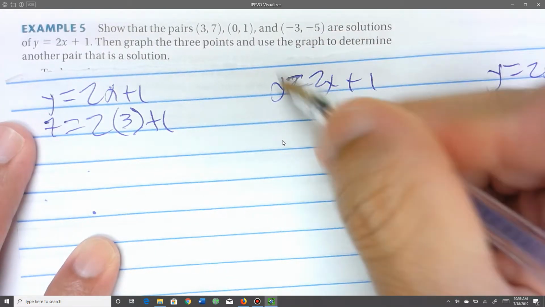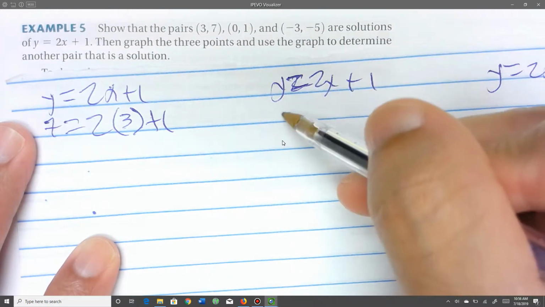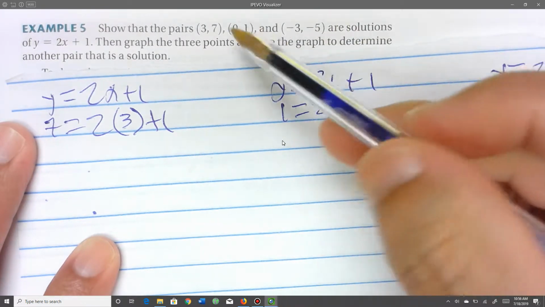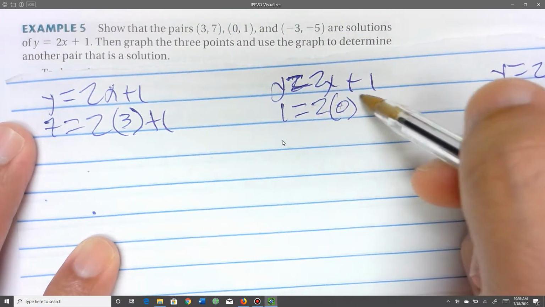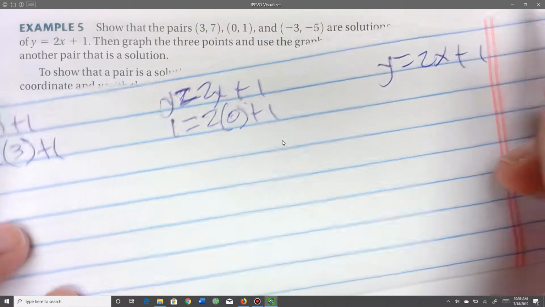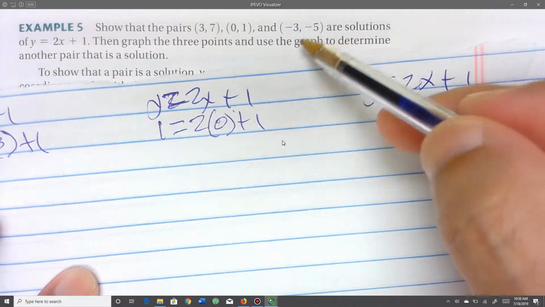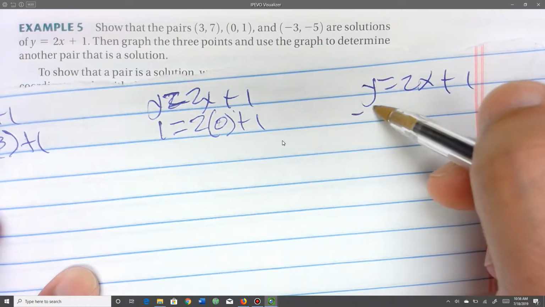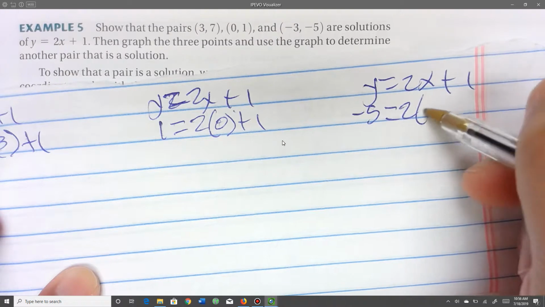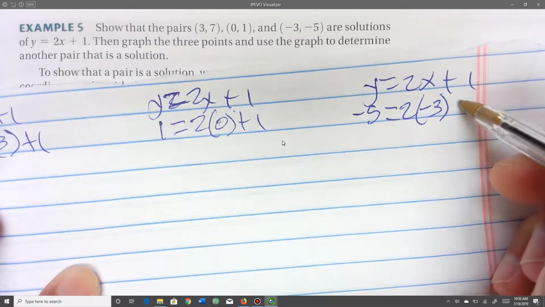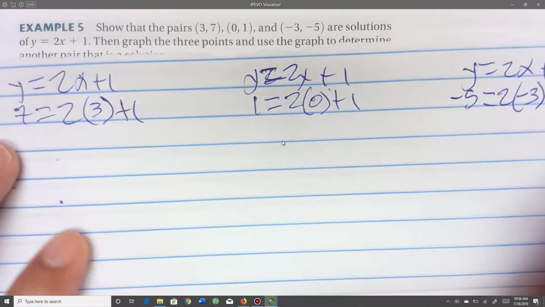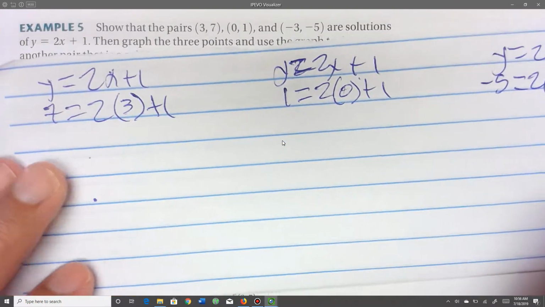Same for this one, y is 1, and substitute 0 for x. Rewrite everything else. The same thing with this one. Y is negative 5, and x is negative 3. Rewrite everything else. All right, so now we have our 3 equations.